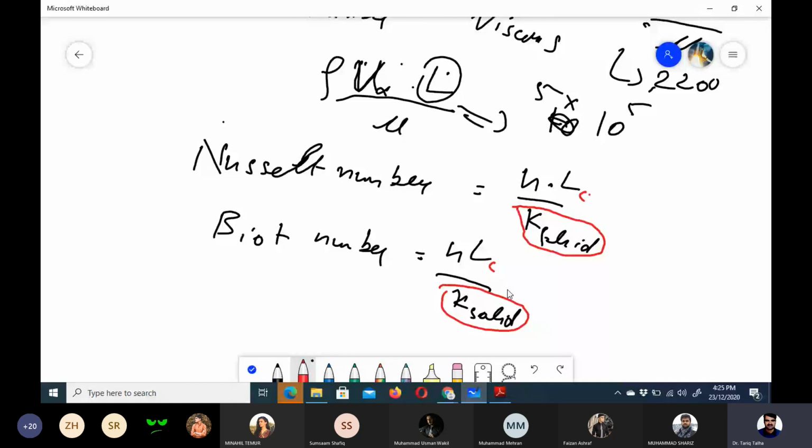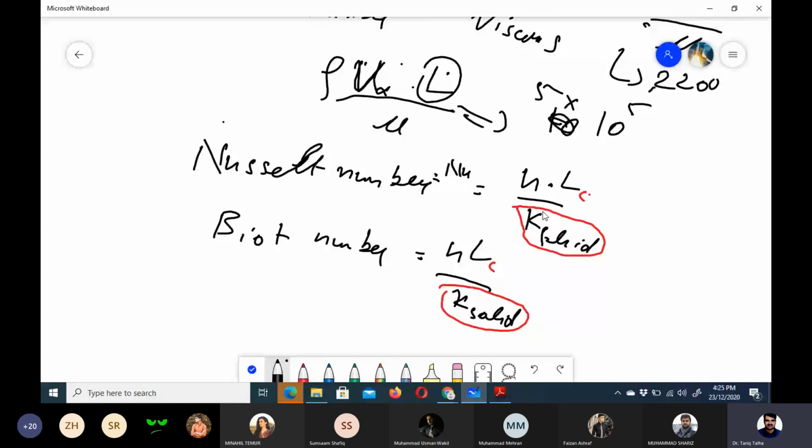And in chapters 7 and 8, we will derive all the correlations in terms of the Nusselt number. All the relations would be defined for the Nusselt number, and from the Nusselt number we can find the value of h if we know the characteristic length and the thermal conductivity of the fluid.